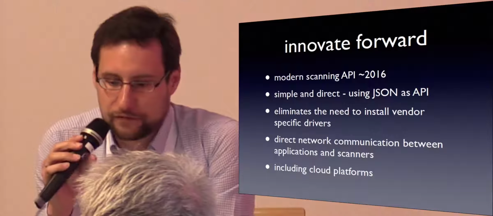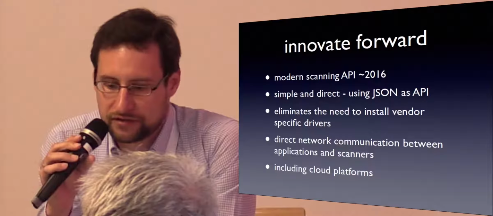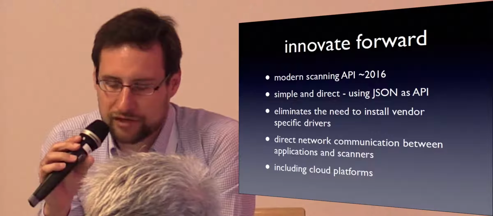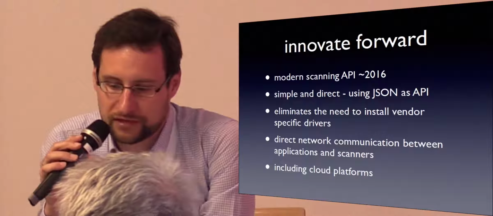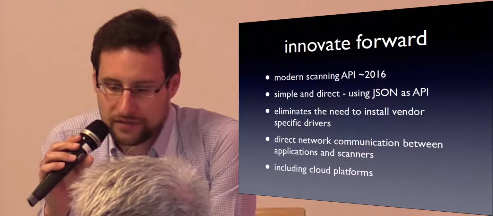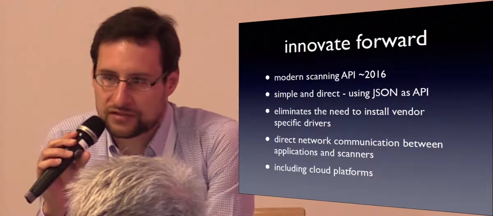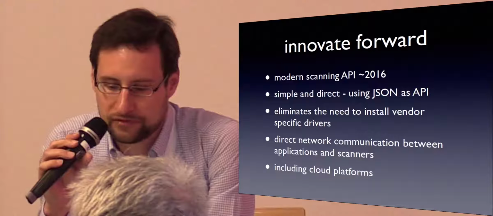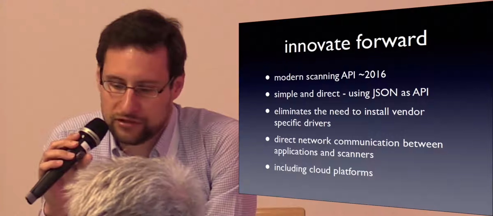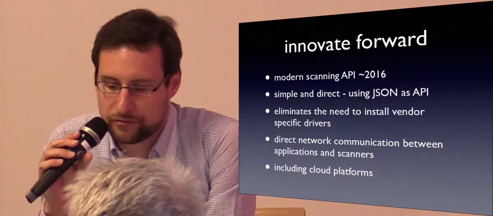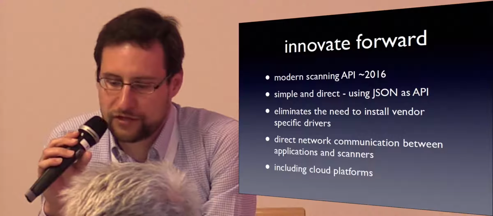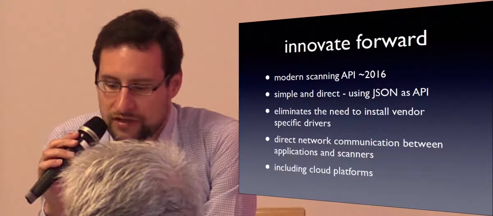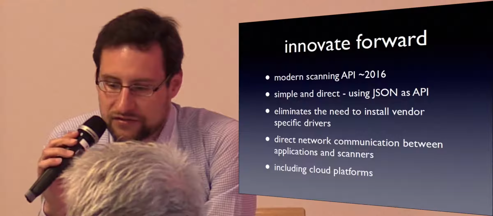So innovating forward, what we've done in the last years is create a modern scanning API from scratch. We hope to finalize it this year. It is simple and direct, as you have seen in the example. The C API was not so simple and not so direct. You negotiate a lot of things with bits and memory. So for the cloud solution, we created a JSON API.